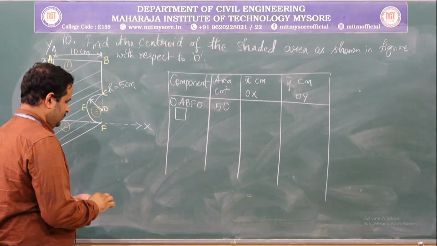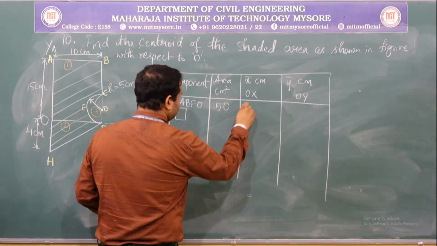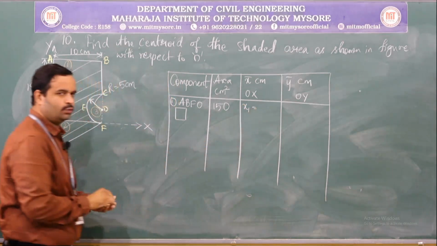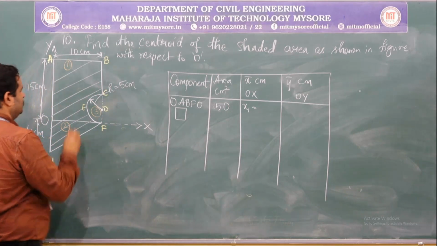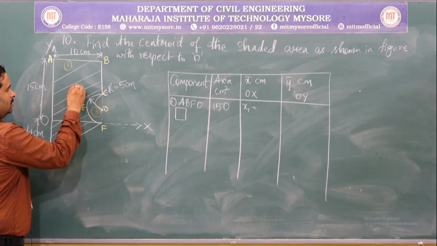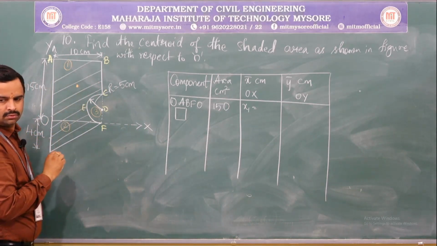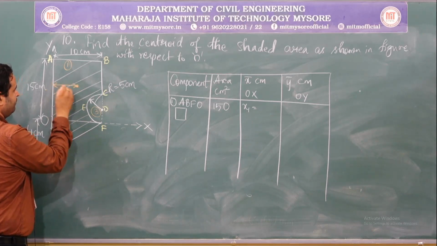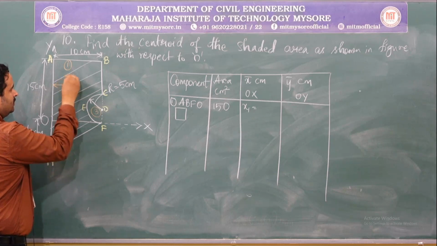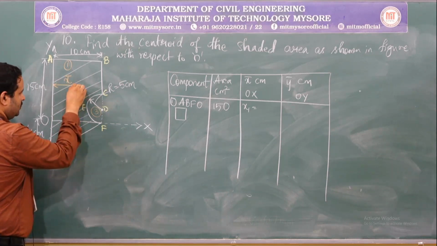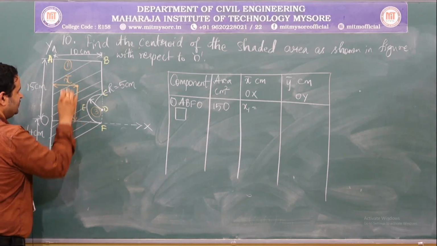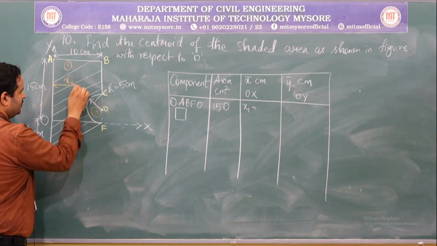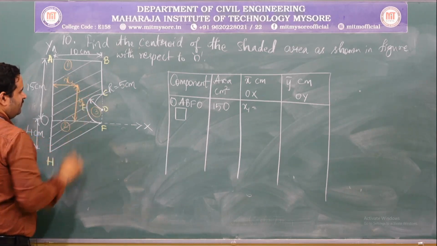X bar, what about its x1 with respect to OY? So, the center, this will be x bar and this will be its x1 component and this will be its y1.